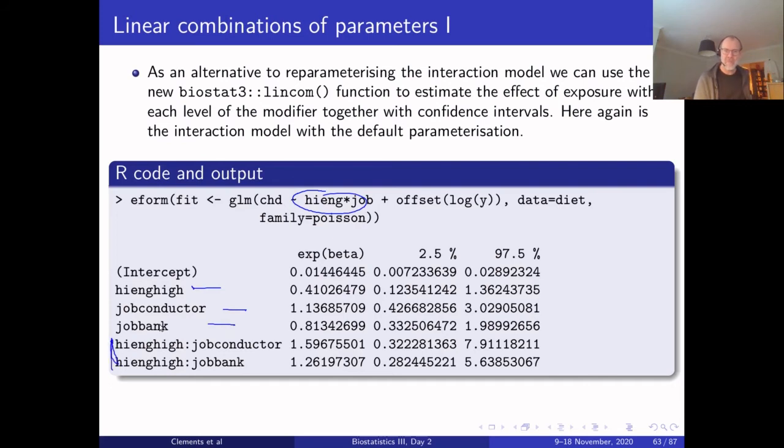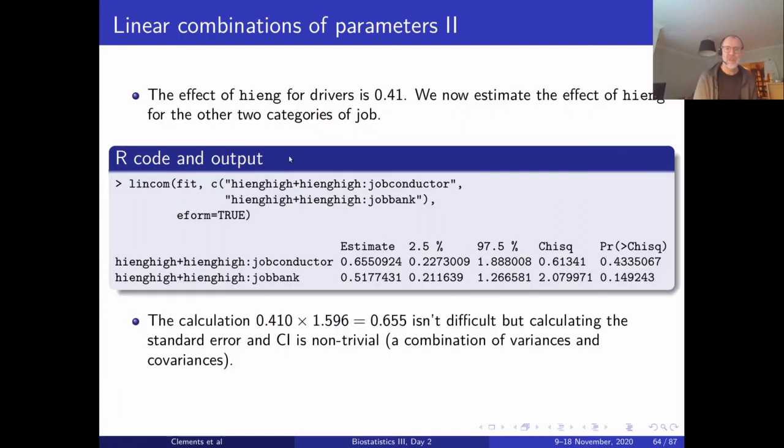For that model, which is called fit, we can now do a linear combination from the fit for high energy plus the interaction, which gives us the 0.66, and then high energy and bank workers, which gives us the 0.52.